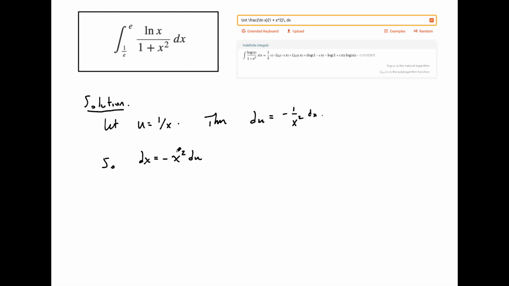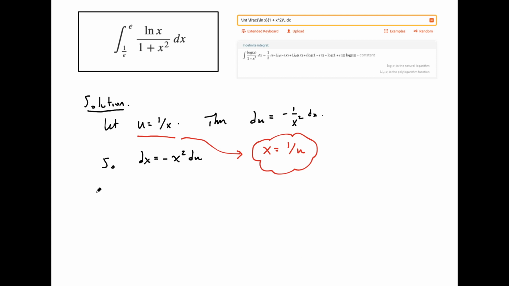So what happens in this kind of scenario is that you want to take your original substitution and solve for x, which in this case would just be 1 over u, and then this is what we'll use to rewrite the integral accordingly.